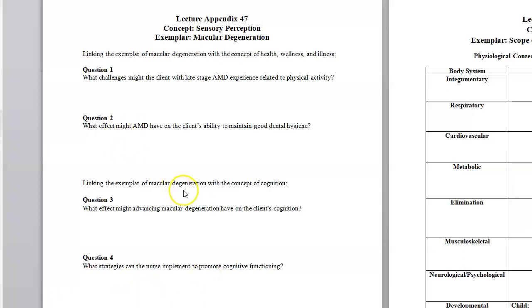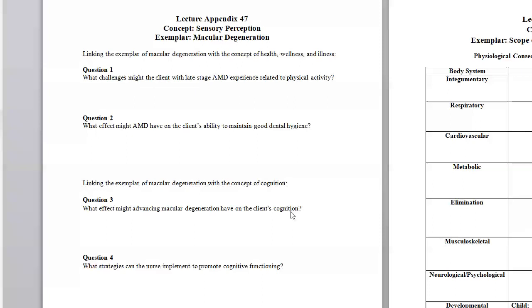And then if we look at macular degeneration with the concept of cognition, what effect might advancing macular degeneration have on a client's cognition? Part of what we learn and see and process is all through our senses. And if our eyesight is altered, that's definitely going to affect our cognition.